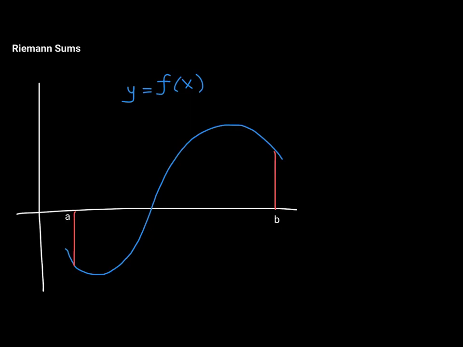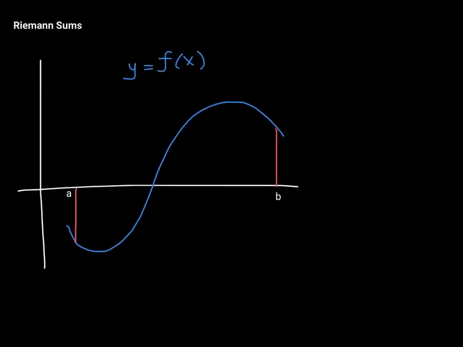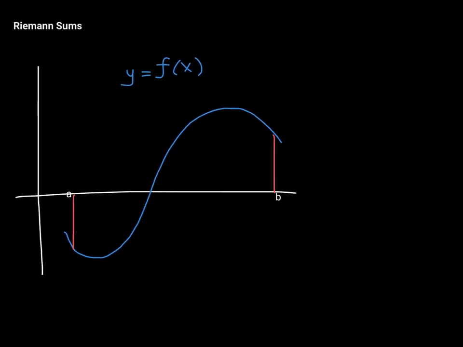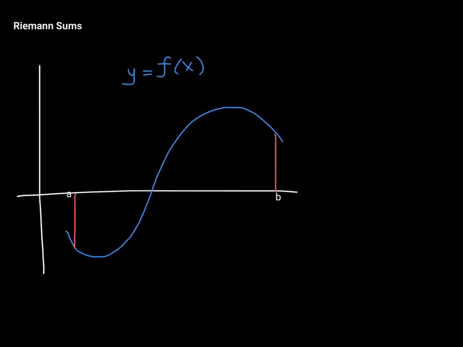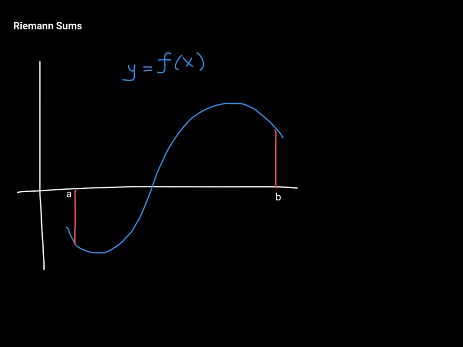So I can subdivide, let me move this up just a little bit. I can subdivide our interval from a to b in the following way. Sorry, there we go. I can subdivide it like this. Here's our first subinterval, x naught, comma, x sub 1, where x naught is a.